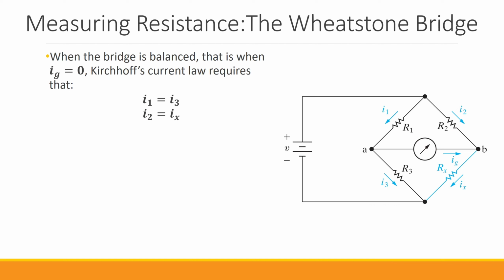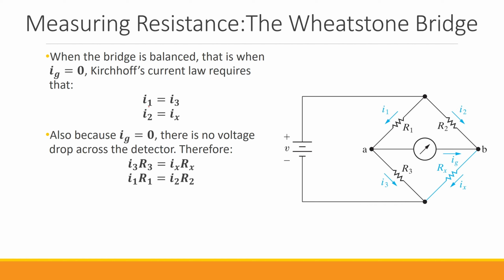Again, when the bridge is balanced, basically when Ig is 0, Kirchhoff's current law requires that I1 be equal to I3, and I2 be equal to Ix. Also, because Ig is 0, there is no voltage drop across the detector, right?